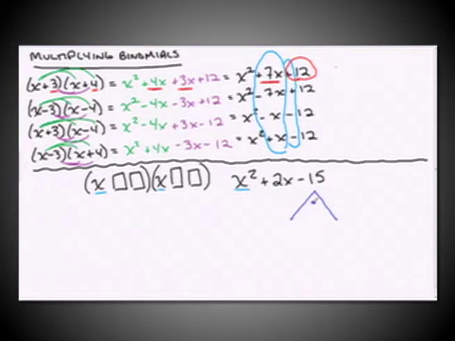And that's asking me, what can I multiply back up and make negative 15? However, those same two numbers have to add to make the coefficient of the x term, which is b, and in this case it's 2. So I'm looking for two numbers that multiply to make negative 15 but add to make positive 2.